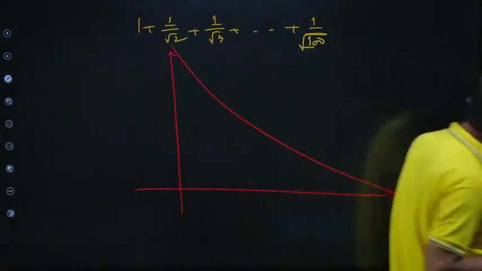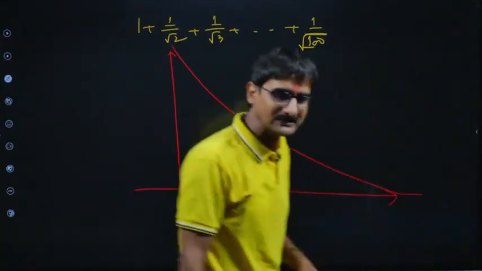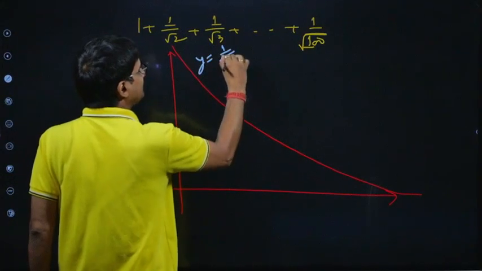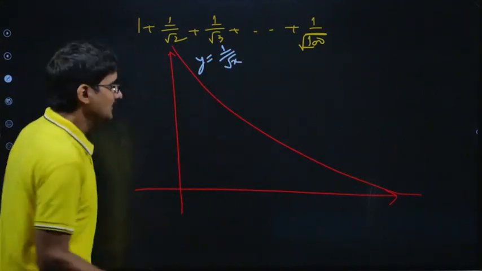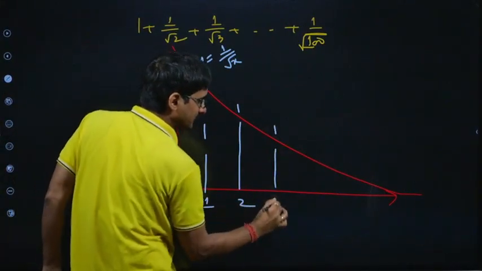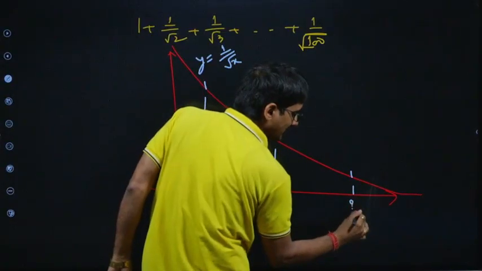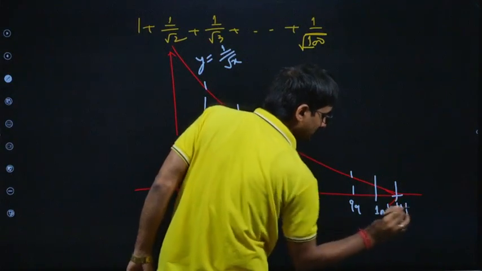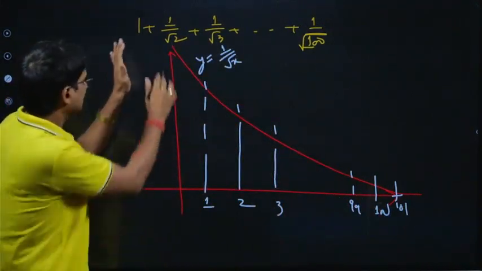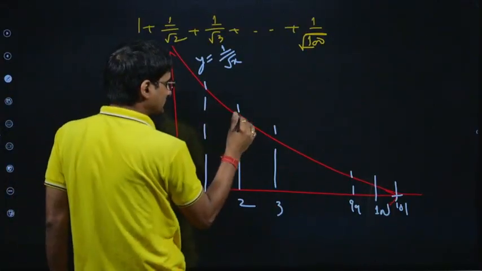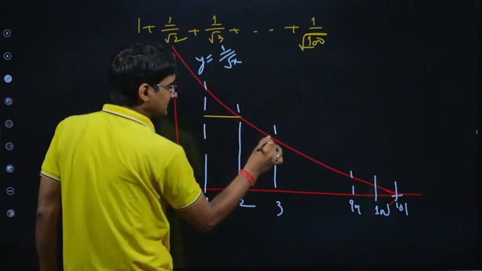Just a minute. Okay, fine. This is the curve of y is equal to 1 by root x, bachon. Now if I draw it here, 1, 2, 3 till 99, 100, 101. Now see, I can get this expression, the series, if I complete these rectangles.